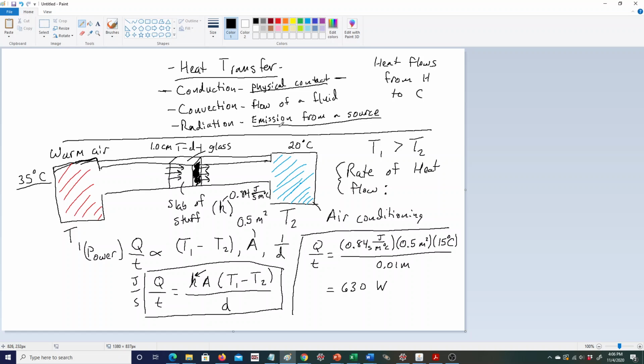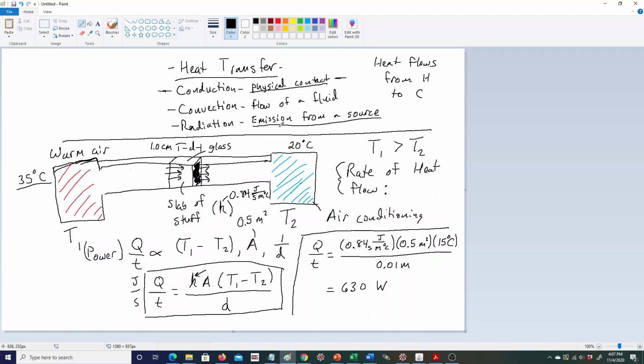A reservoir is an amount of substance that has enough thermal energy that if I take a little bit of thermal energy away from it, it really doesn't notice. Okay? And on the other side, I have a cold reservoir, which means that if I dump a little bit of thermal energy into it, it really doesn't notice. Okay?